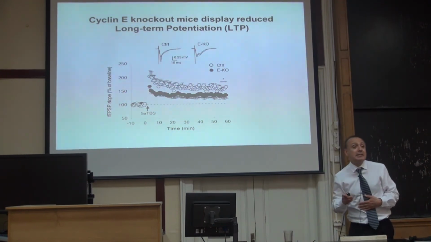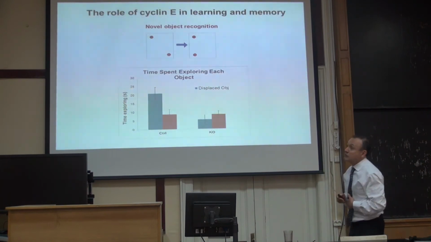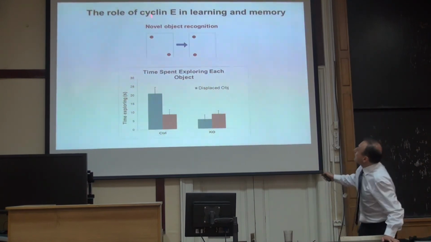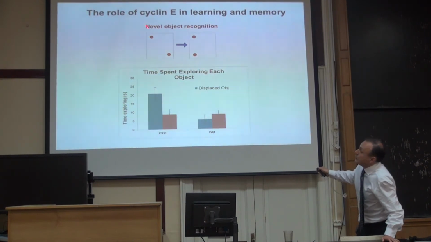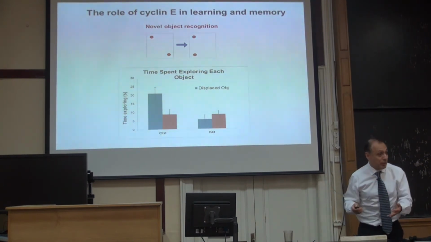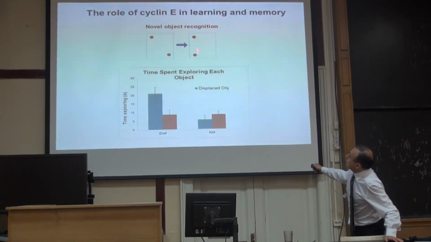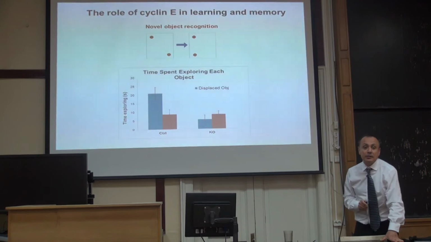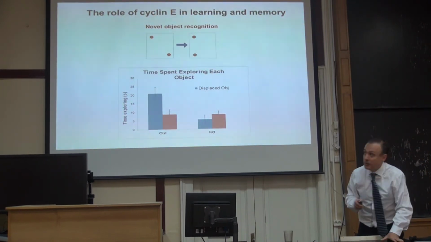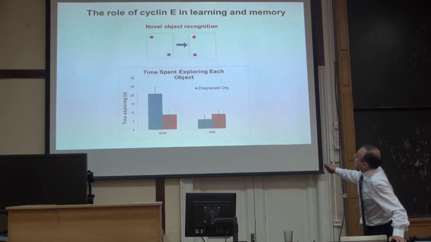We can test the memory more directly, and this is done here. So in this test, we put two different objects into the cage, and then we let the mice explore those objects, and then we come and we move this object here. So we do it like this, and now we measure the time that the mouse spends running around this object versus this object.